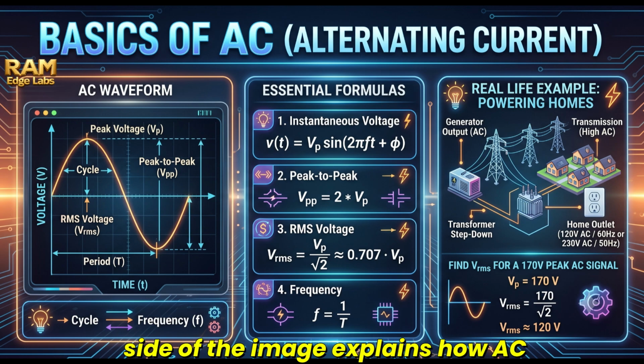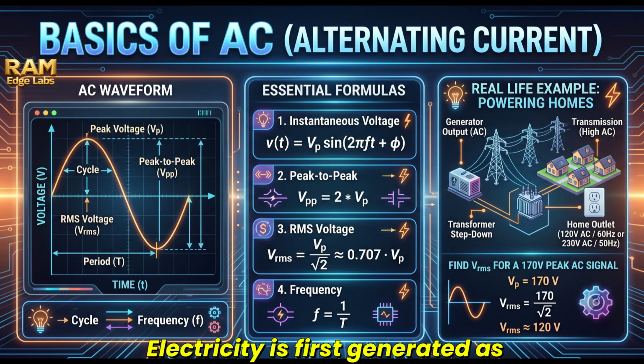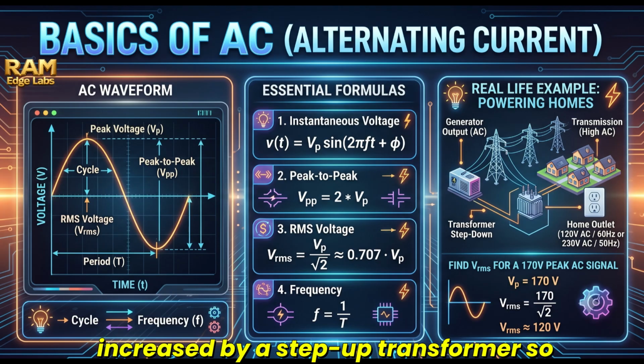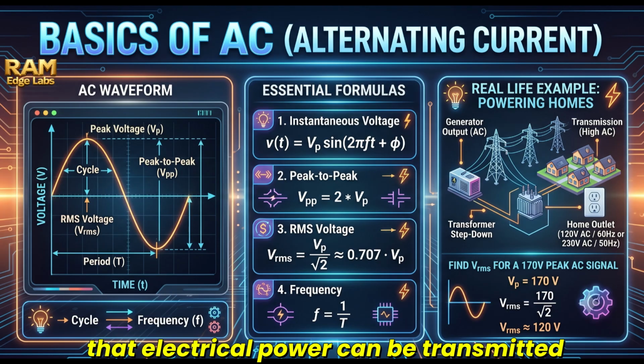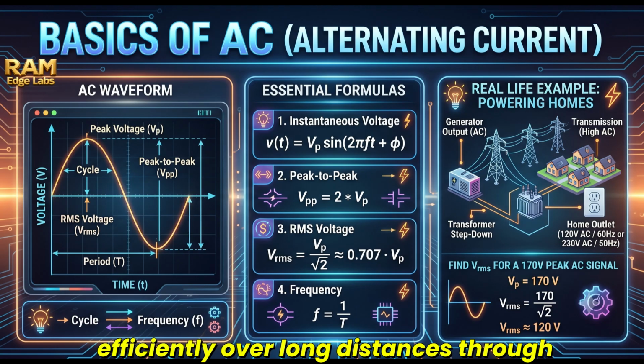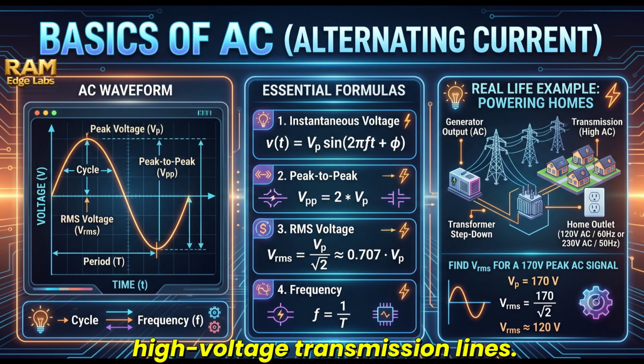The right side of the image explains how AC electricity is used in real life. Electricity is first generated as AC in a power station using a large generator. The voltage is then increased by a step-up transformer so that electrical power can be transmitted efficiently over long distances through high-voltage transmission lines.